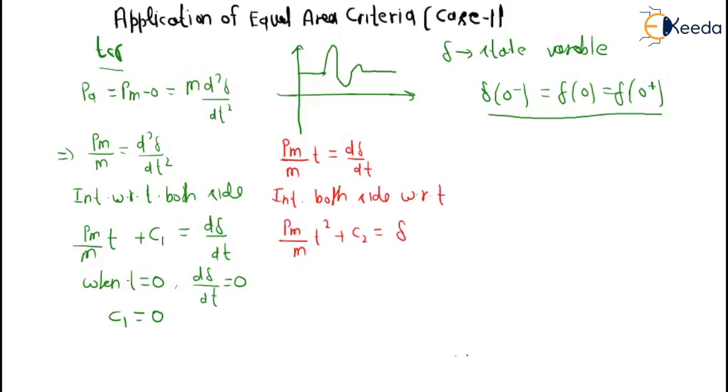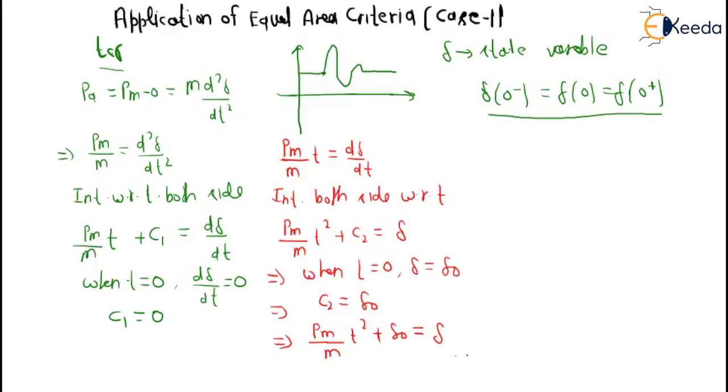So now we can see clearly from here that when t is equal to 0, del is equal to del naught. So putting t equal to 0, C2 will become del naught, and putting the value of C2 in this equation, our equation becomes Pm upon M t square plus del naught is equal to del.